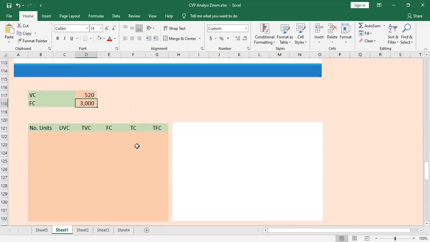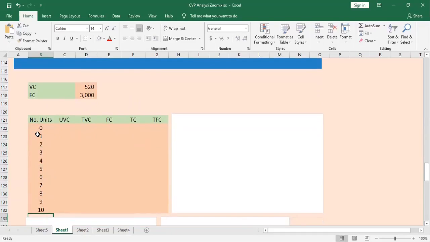Let me assume a production range starting from 0 and going up to about 10 units.